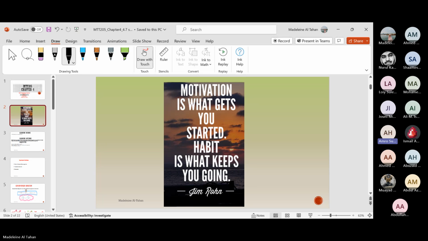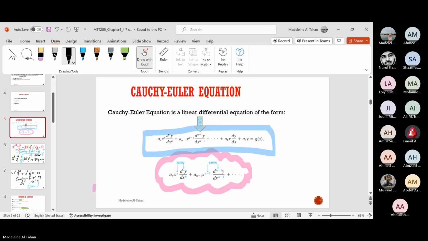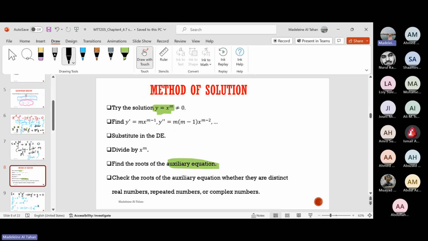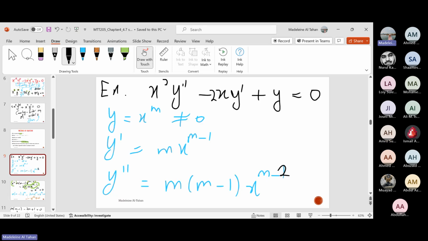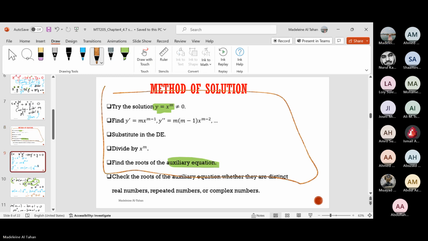Doctor, could you just go back? Which slide? The solution. It's not solved yet. I'm just explaining what we mean by auxiliary equation. I'm just explaining these steps that are here, but we did not continue solving because we did not find the solution yet.